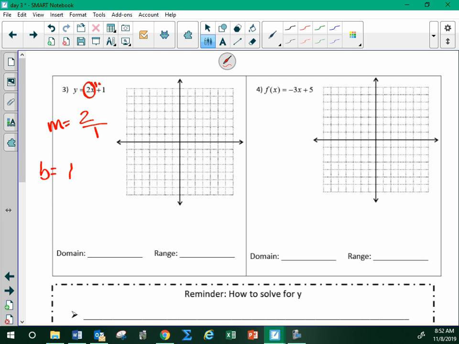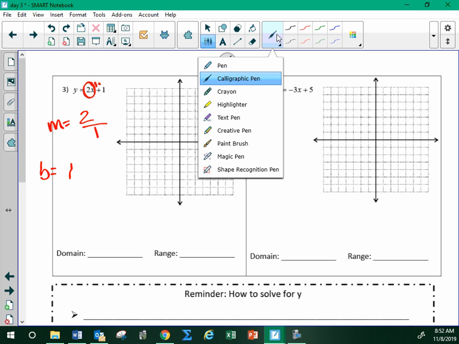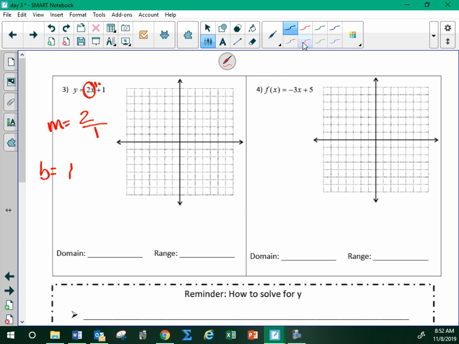So my y-intercept is positive 1. And my slope is positive 2 over 1, so I go up 2 over 1. Up 2 over 1. Up 2 over 1.